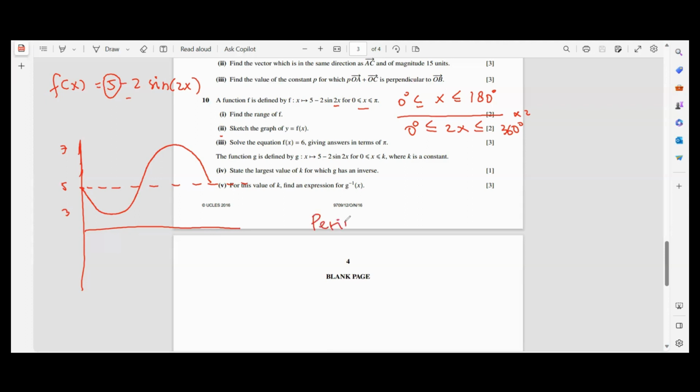So for the period, remember this is 360 degree divided by 2. So it is 180 degree. To make it one period, this should be 180 degree, or let us say this is pi.